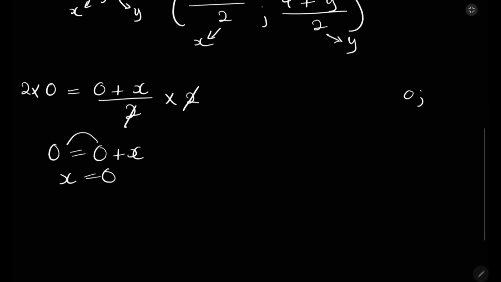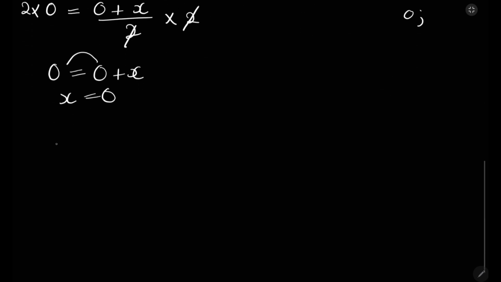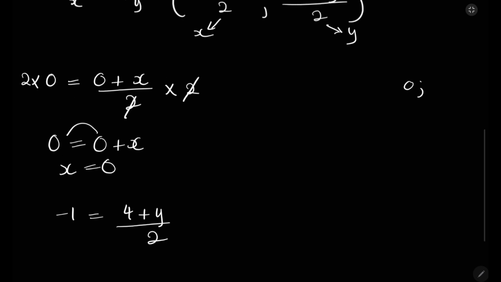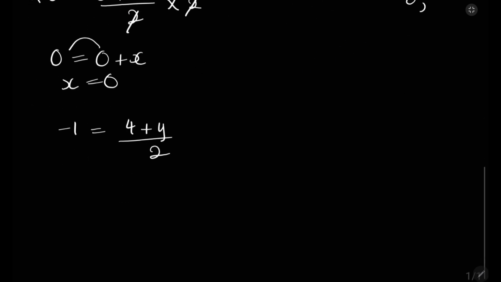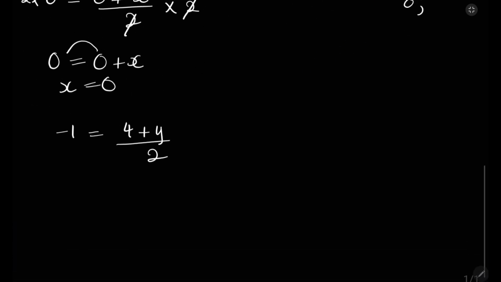So for your first coordinate, you already have 0. Now let's solve for y. We'll have negative 1 is equal to 4 plus y over 2. Okay, now let's solve. How do we solve? You can multiply both sides by 2. This cancels with that. 2 times negative 1, which is negative 2, is equal to, we're left with 4 plus y.